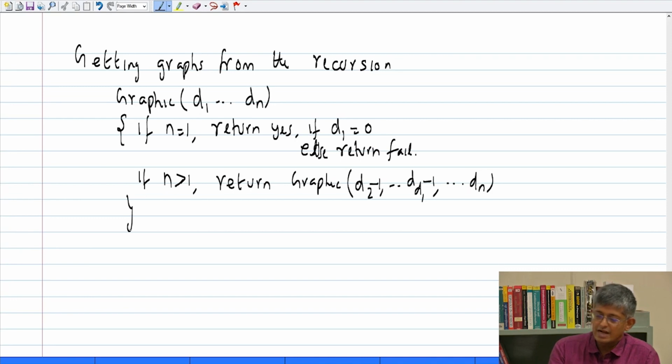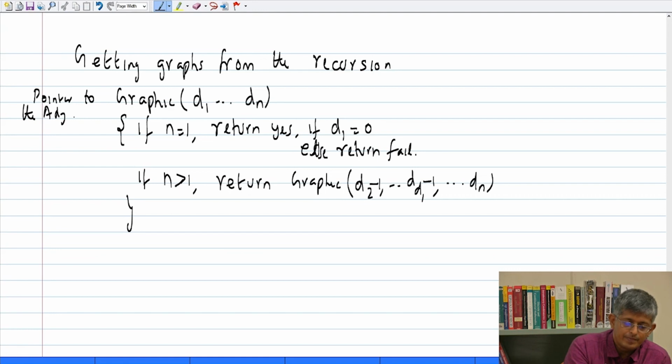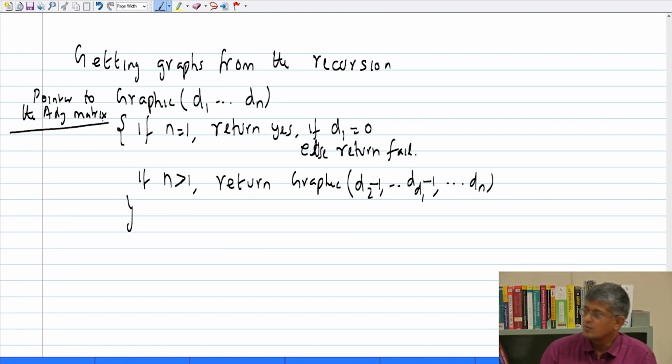So the way to return a graph is to return a pointer to the adjacency matrix, right?